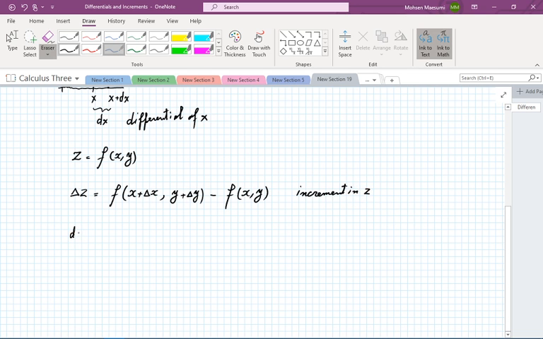The differential of z, which is an approximation for this and is easier to calculate than calculating this, is the partial derivative of z with respect to x, times dx, plus partial of z with respect to y times dy.